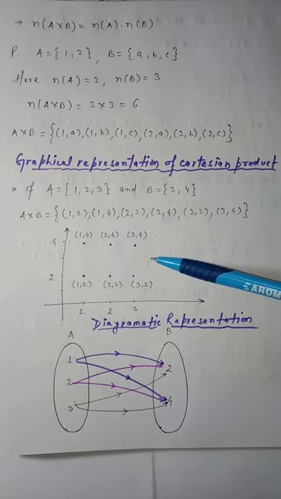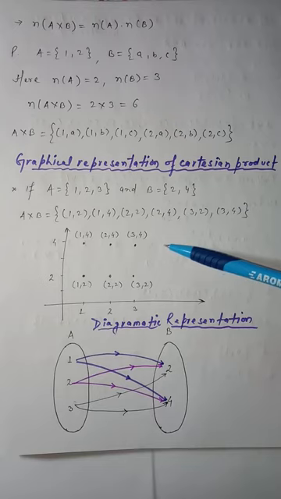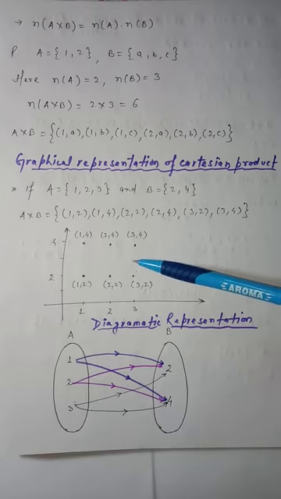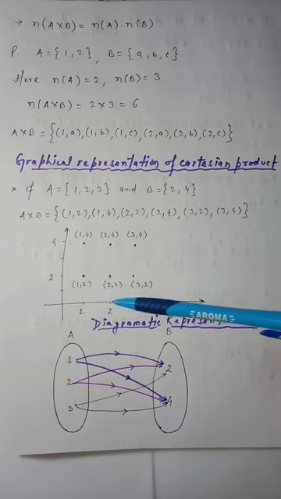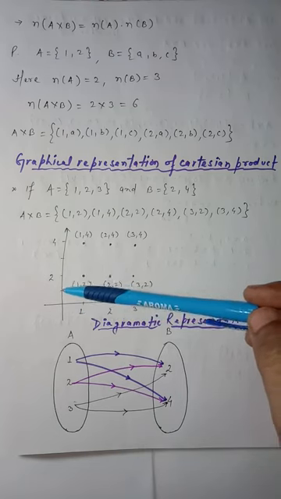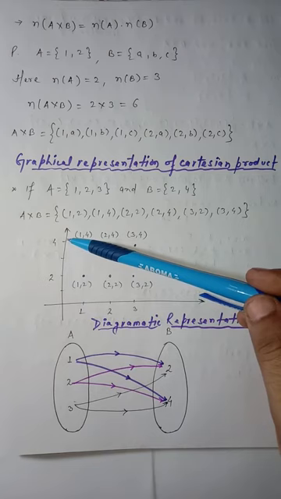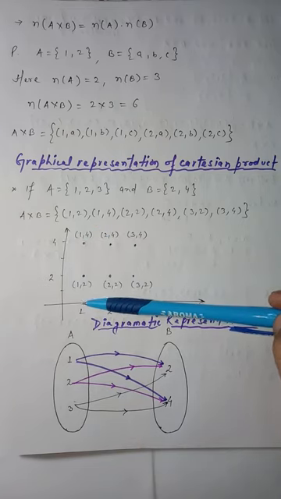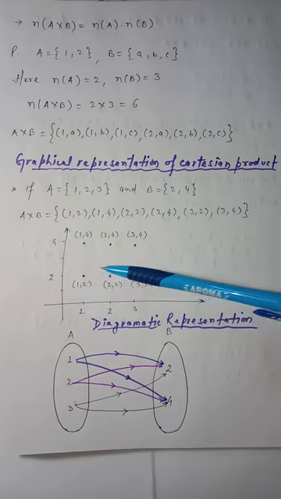Now we can easily locate these points on the coordinate axis. This is 1, 2, 3 and this is 1, 2, 3, 4. Now 1, 2 means on x-axis 1, on y-axis 2. So this is 1, 2.